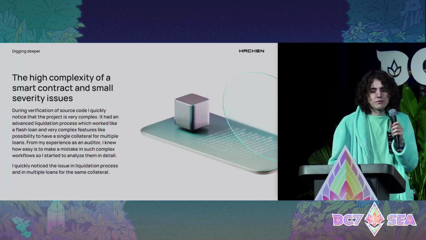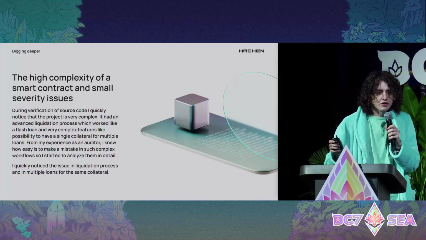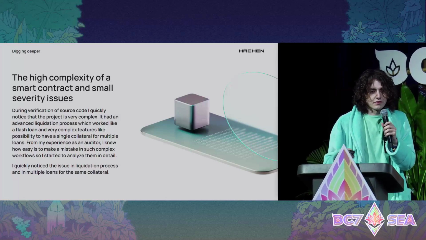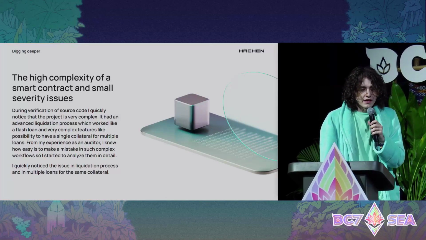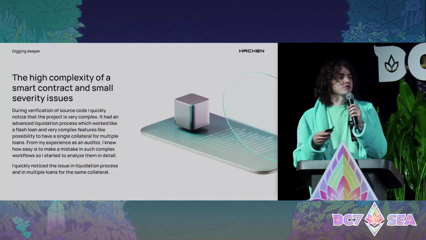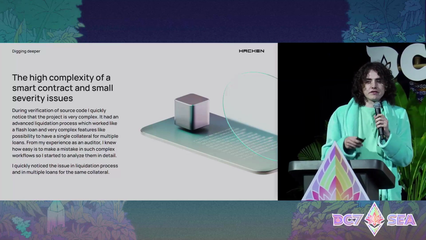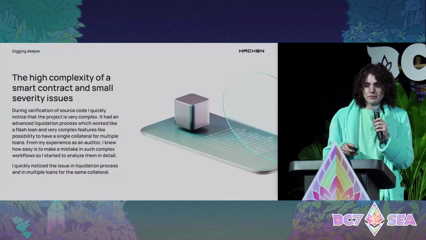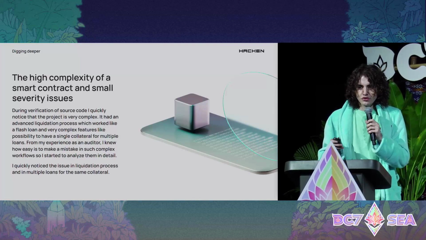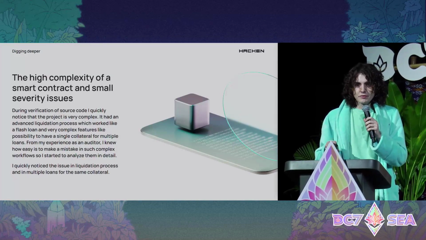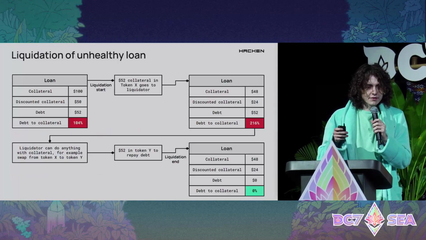They have very complex logic: the liquidation, the flash loans, support for very atypical loans, support for multiple assets. And from my experience as an auditor, I quickly noticed it's very easy to make a mistake, especially with the liquidation process. I was already able to see some low severity issues, and I decided to dig deeper to see if I could achieve something more with them.